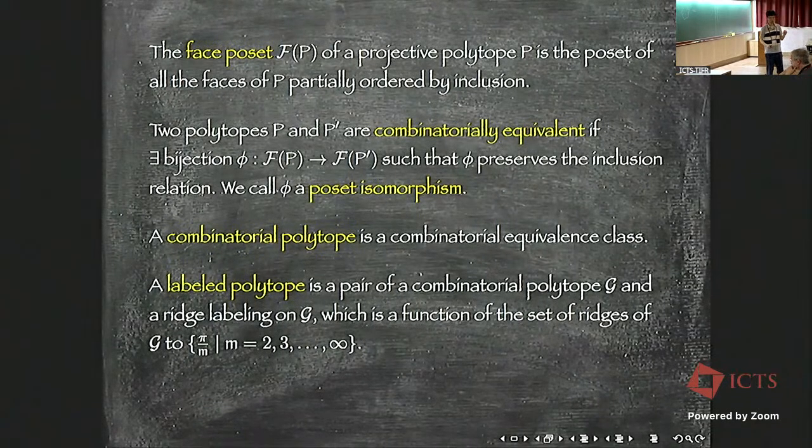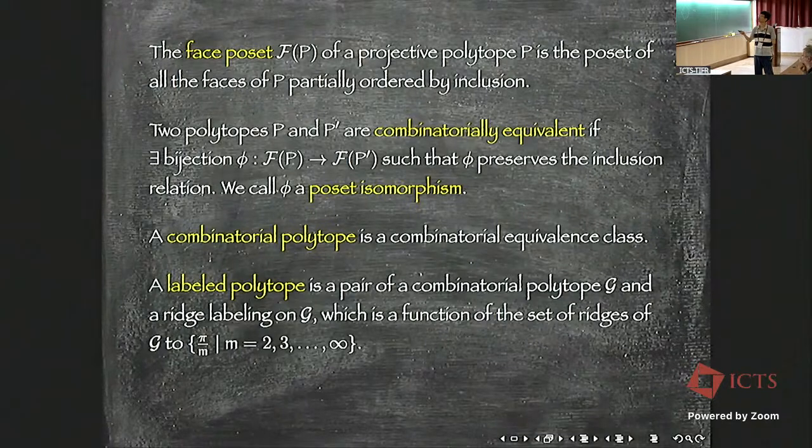Okay, so I tried to explain the space of convex projective structures on reflection orbifolds. If you already know orbifolds, then it's already good. Otherwise, I use the following descriptions. First, you consider the face poset of this polytope, which is simply the poset of the faces partially ordered by inclusions.